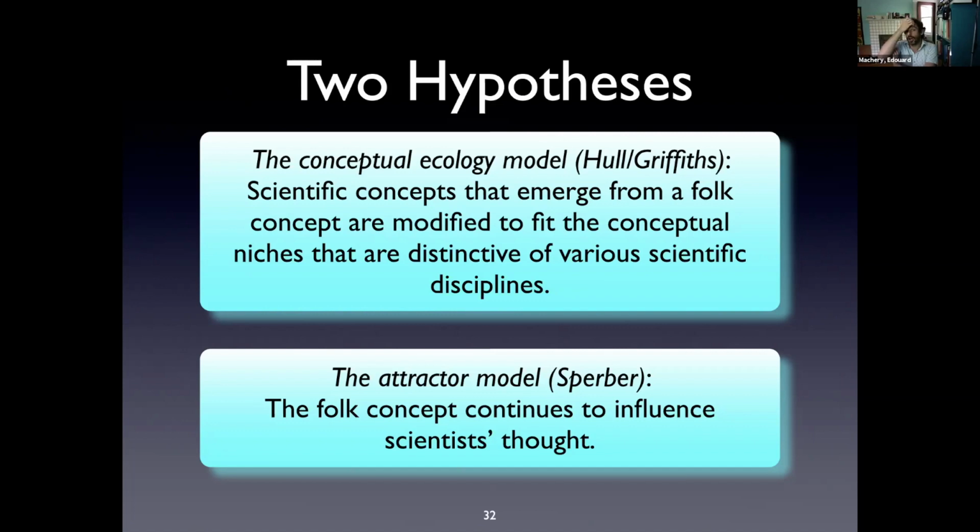A very different hypothesis about scientists' concept of innateness is expressed by the attractor model. According to the attractor model, the folk concept continues to influence scientists' thought. So here the idea is that whatever your discipline is, when you are asked to think about innateness, you're going to become a lay person, right? The folk concept, to use a metaphor, attracts your thought.